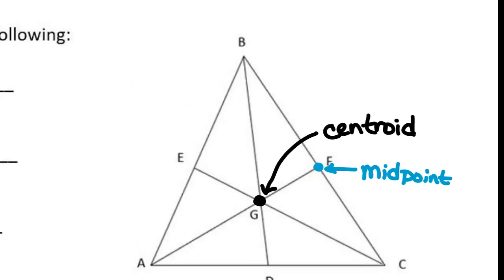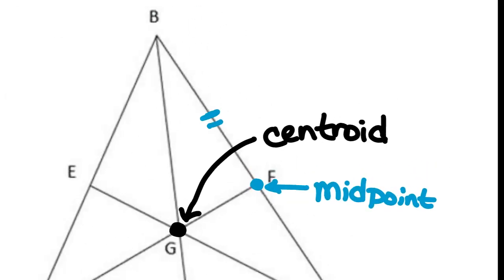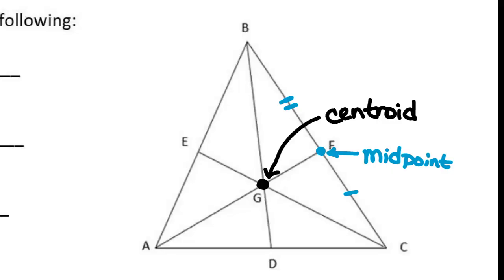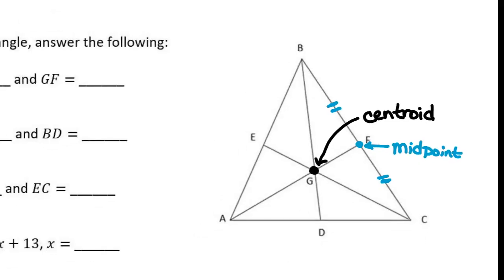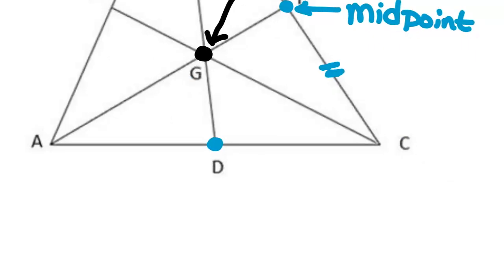So what two segments would have to be congruent then, if F is a midpoint? BF and CF, yes. What's another midpoint in the picture? D, I'm sorry. D is the midpoint.